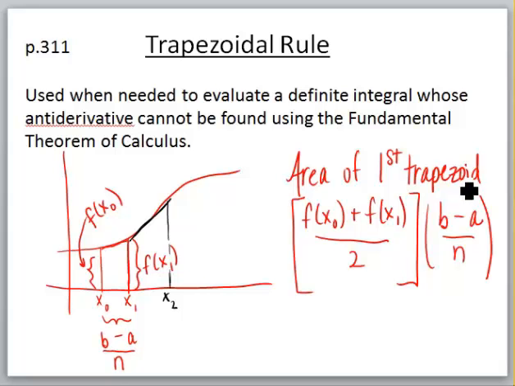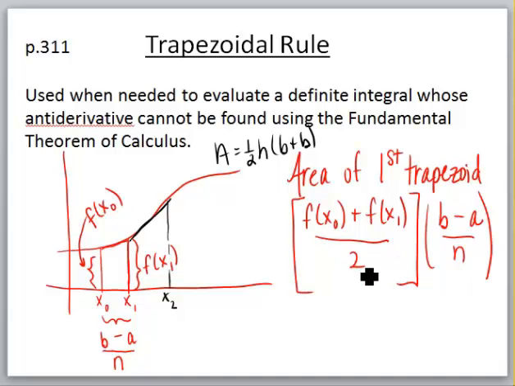But the area of the first trapezoid is found by taking, if you remember, the formula for a trapezoid is 1/2 the height times the bases added together. What I have written here is the bases added together divided by 2 times the height. So I have base plus base divided by 2 times the height. That is still the exact same thing as that formula, because you can rearrange things.